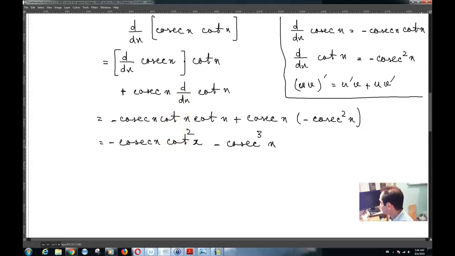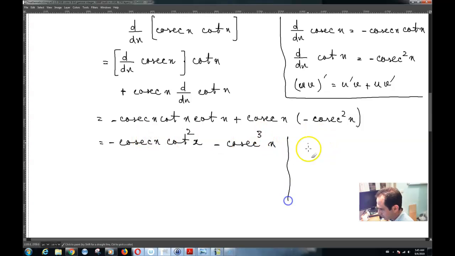For example, let me see how they have written this. Number 15. They have written it as negative cosecant cube x minus cosecant x cot squared x. You can simplify it using all of the things that you know about trigonometric functions.